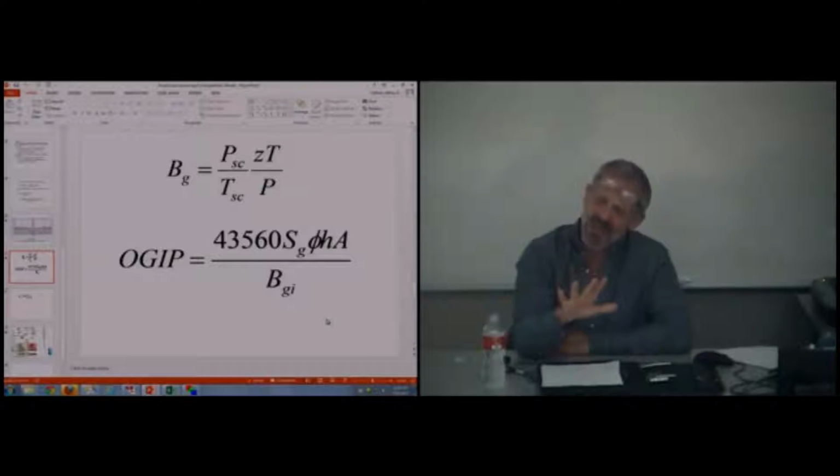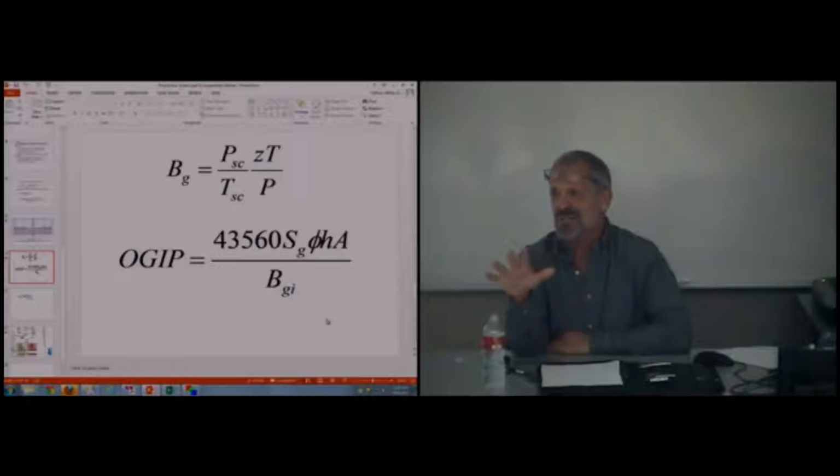But let's forget about that. Let's pretend that we do sell it by MCF, because that's what you see in the newspaper. But when you really get down, if you're in midstream and custody transfer, you're probably selling it by million BTU, and you're probably giving an extra compensation if there's any liquids involved. But by and large, we sell it by MCF.